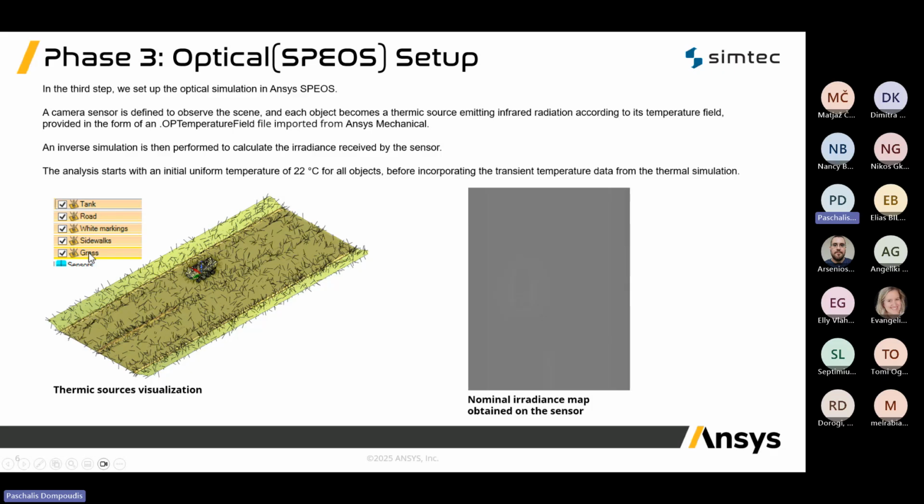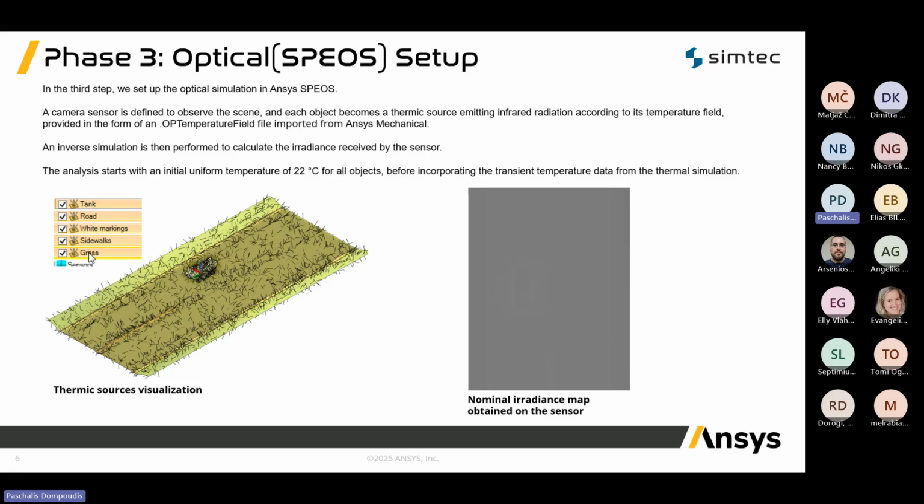This tells SPEOS that these objects will radiate in the infrared spectrum based on their temperature. The amount of heat they radiate is controlled by the transient temperature field file that we get from Mechanical. Then we set up our camera sensor and we run an inverse simulation this time.